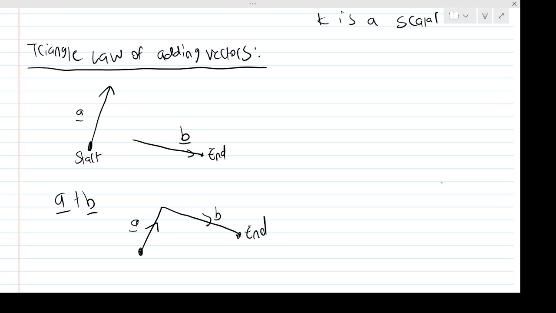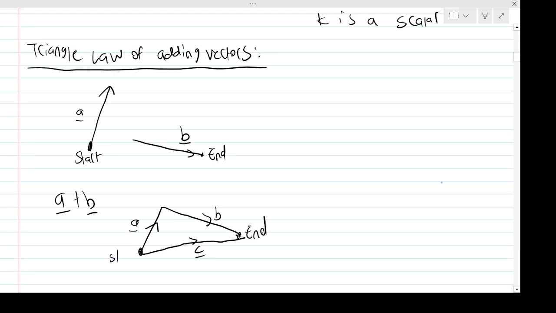Hopefully you recognise we can make a triangle between these two vectors. We can call that vector C. When we're doing A and B, we're going along A first, then along B, and then we end.